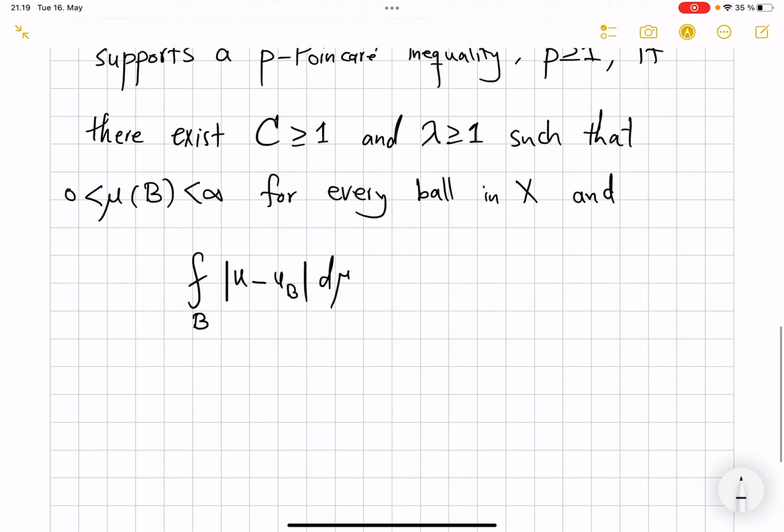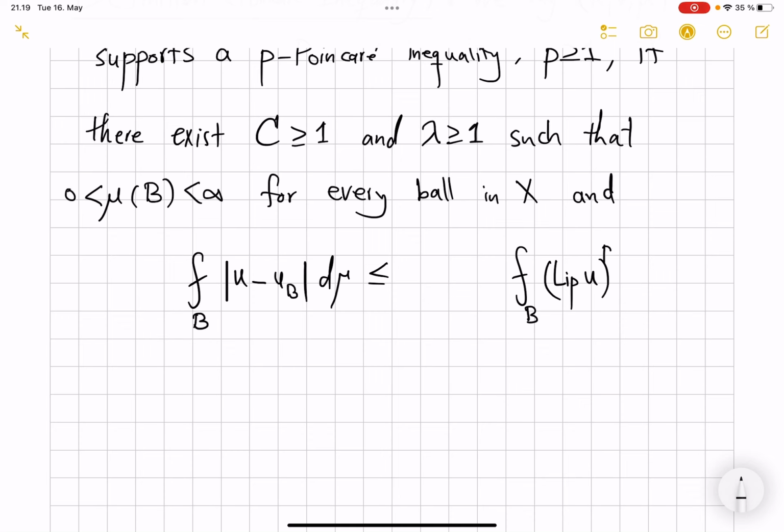Don't worry, I will write down the definition of average just to make sure it's clear. So this is like how much on average is u different from the average value on the ball, and we require that this be controlled basically by the size of the derivative. In this case, it's just the Lipschitz constant of u.